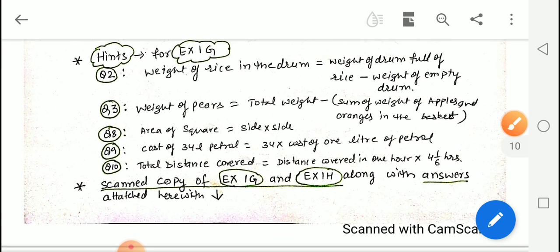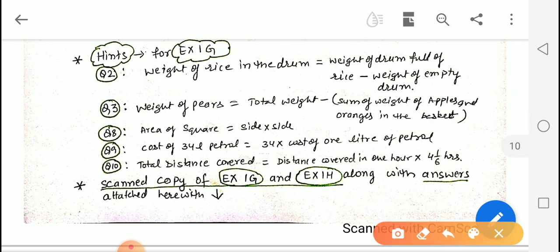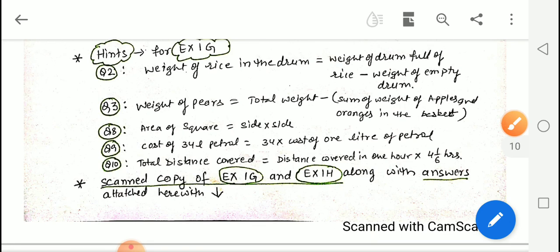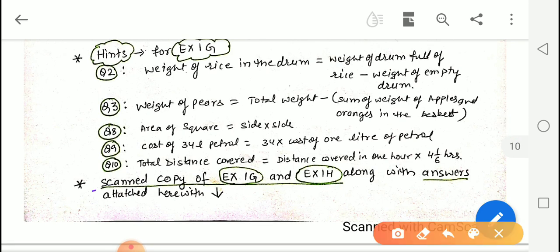I have given you question numbers 2, 3, 8, 9, 10. I have given you the hints here, so using these hints, you will solve your questions. And a scanned copy of exercise 1G and 1H along with the answers is attached here.